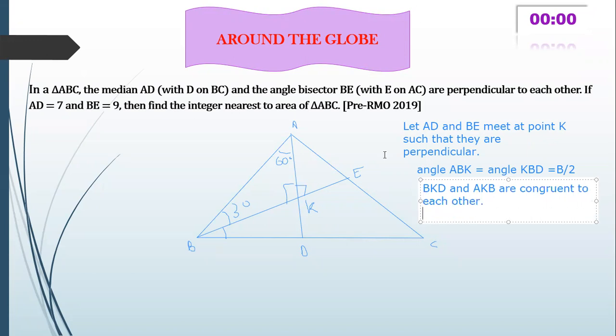Now by CPCT, corresponding parts of congruent triangles, I can tell that AK is equal to DK, equal to half of the side, 7 by 2.